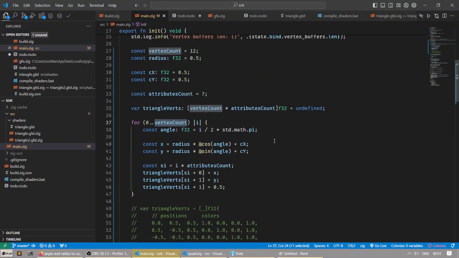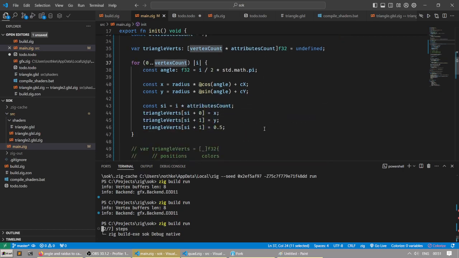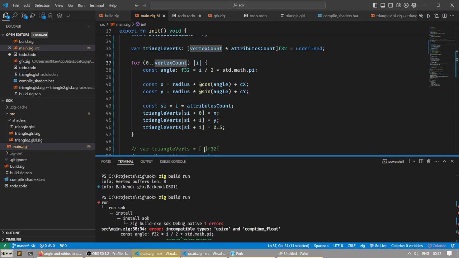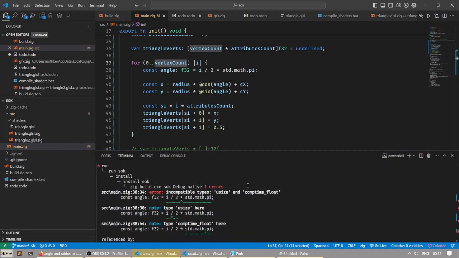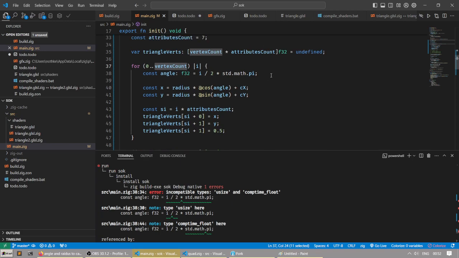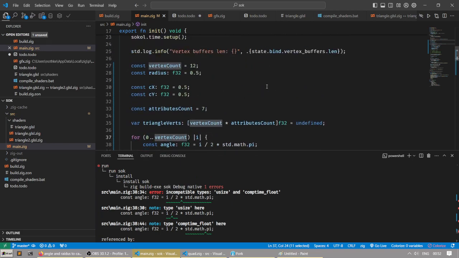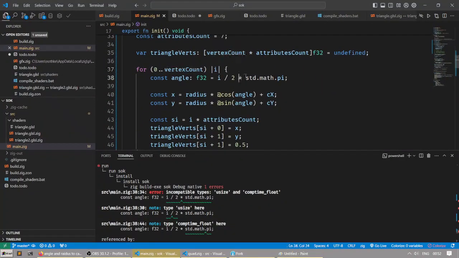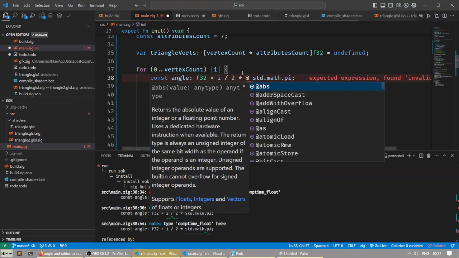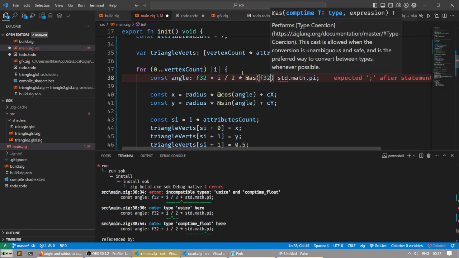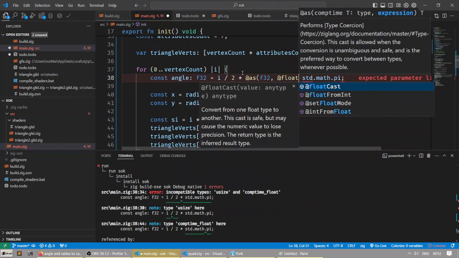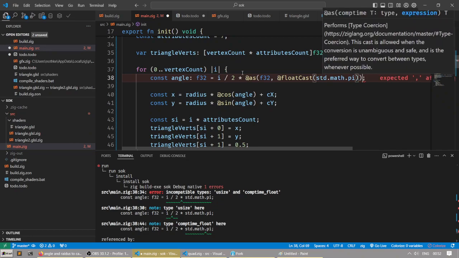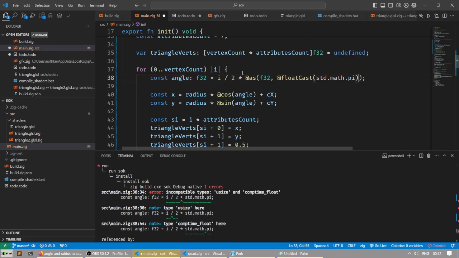Okay, let's try to build and let's see all the compile errors. There it is. Okay, incompatible types, use size and comp type float. So yes, first off, when it comes to the comp type float of pi, we have to convert it to F32 and we have to float cast it. That's the first thing we have to do.